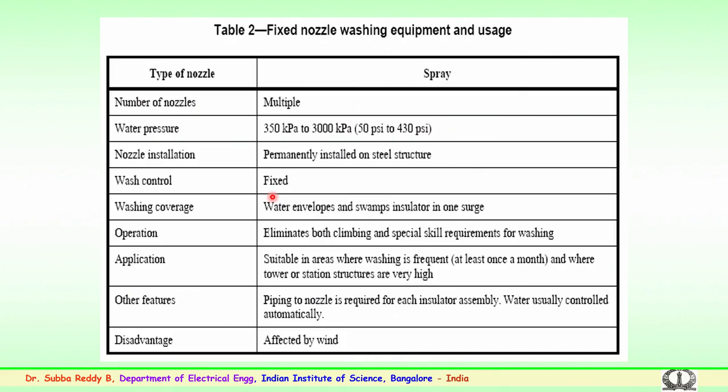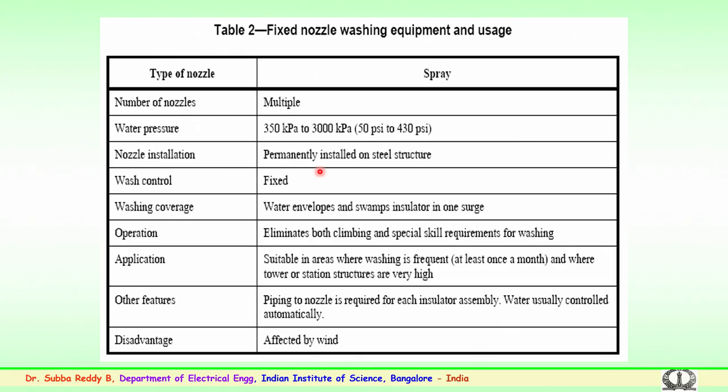For fixed nozzle washing equipment and usage, here you see the table which clearly mentions the type of nozzle and the spray method to be employed. You can see the number of nozzles, which could be multiple. Water pressure prescribed for live line washing could be 350 kilopascals to 3000 kilopascals, that is 50 psi to 430 psi.